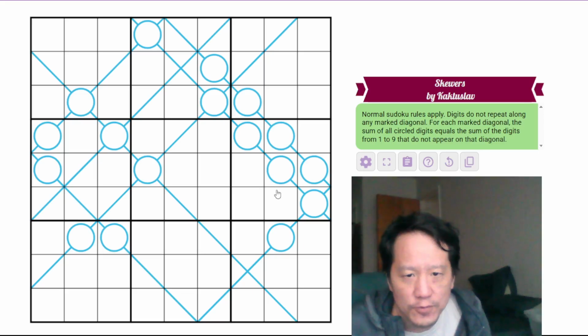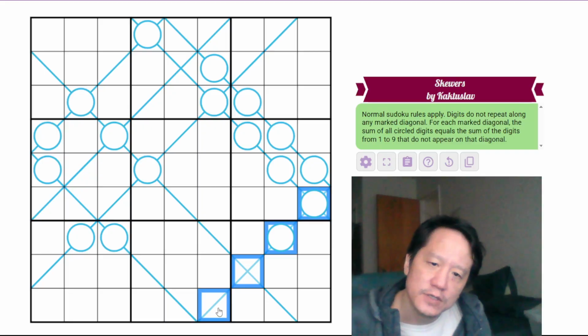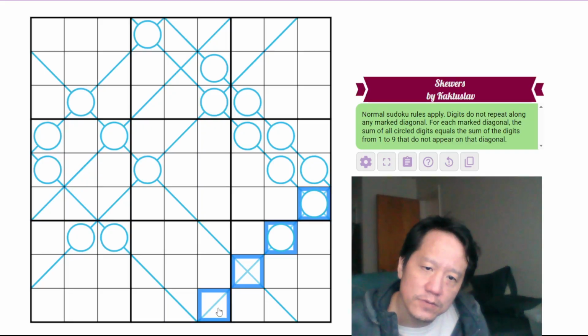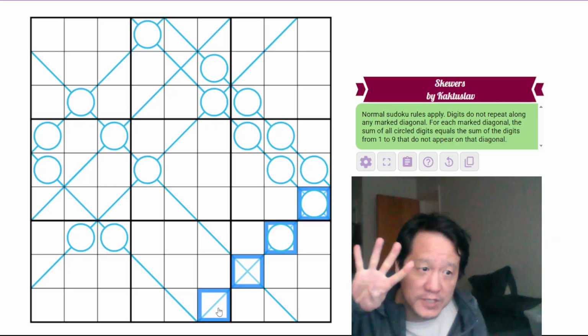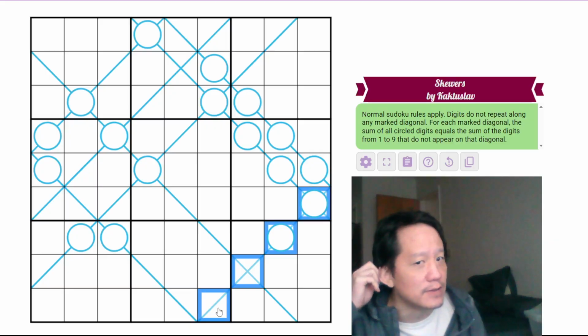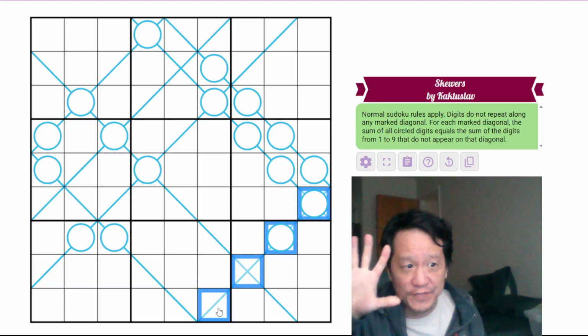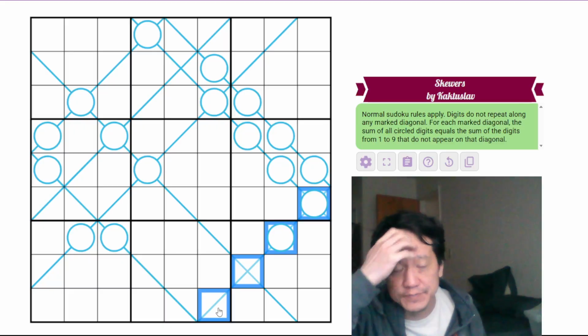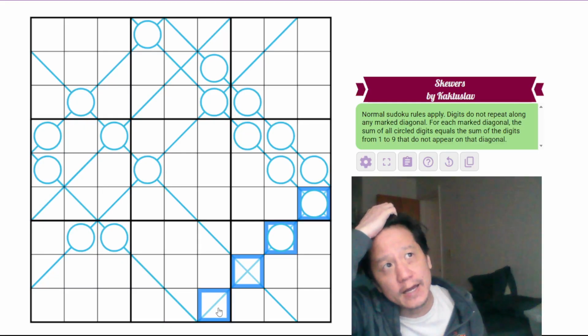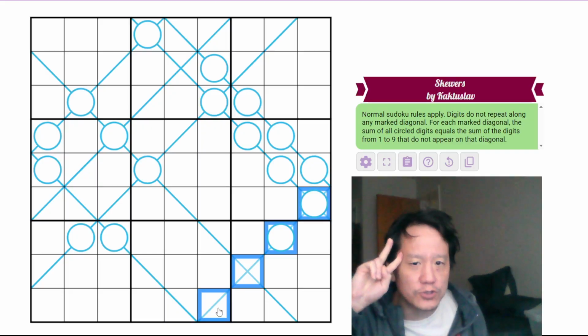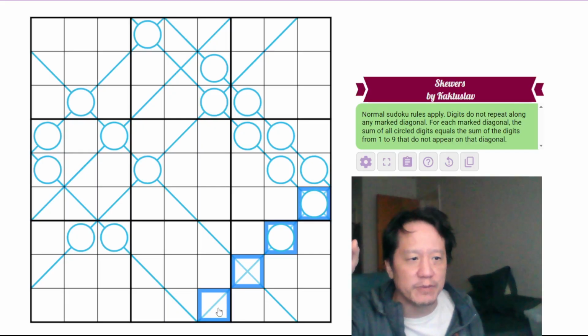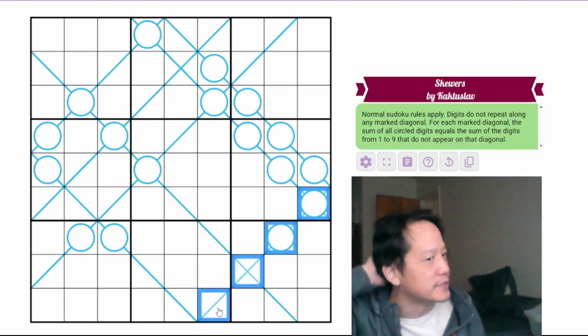Well, the first one we have here are the digits. 4 digits. That means the digits not on the line have to be a minimum of the 5 other digits, right? And we know 2 digits equals the sum of all the other digits which are not on the diagonal.